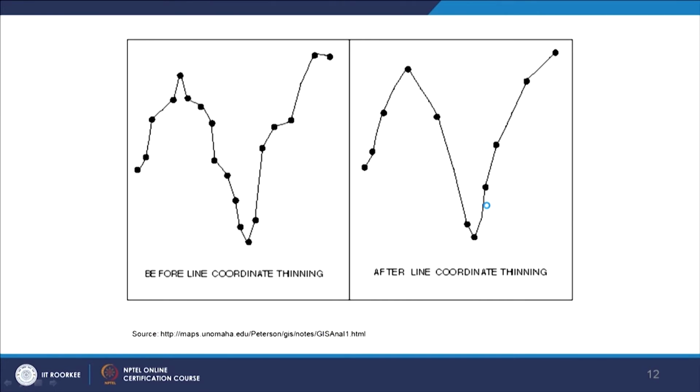Another example, this is before line coordinate thinning. Some software and some literature use the word coordinate thinning. Coordinate thinning means again removing internodes from your vector data or polyline. Here you are seeing that a lot of nodes are there, but only the important nodes have been kept from the generalization point of view, and the rest have been deleted.